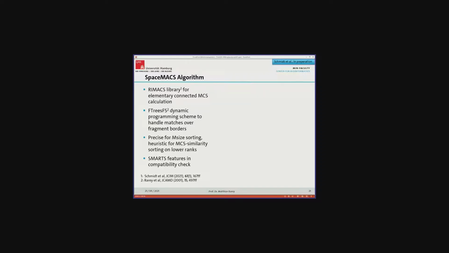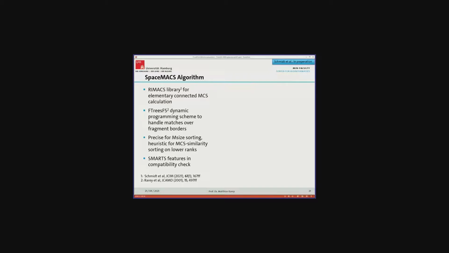It gets heuristic when you are looking at lower ranks of MCS similarity, because you never know what the influence of the whole molecule in the space is. And a good thing is that we already put SMARTS-like features into the compatibility check.